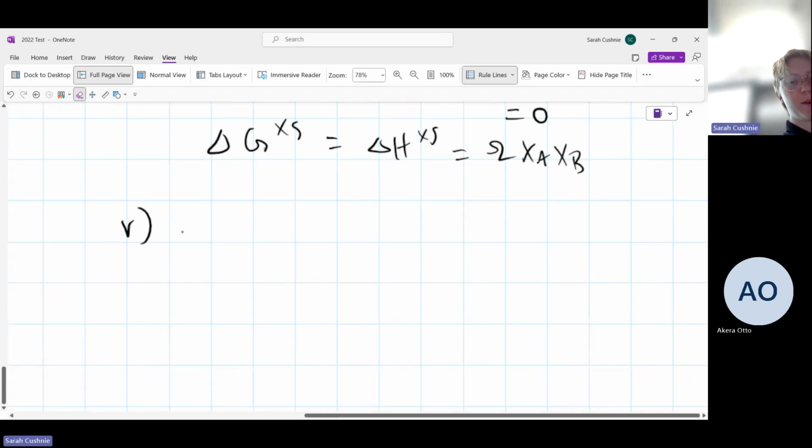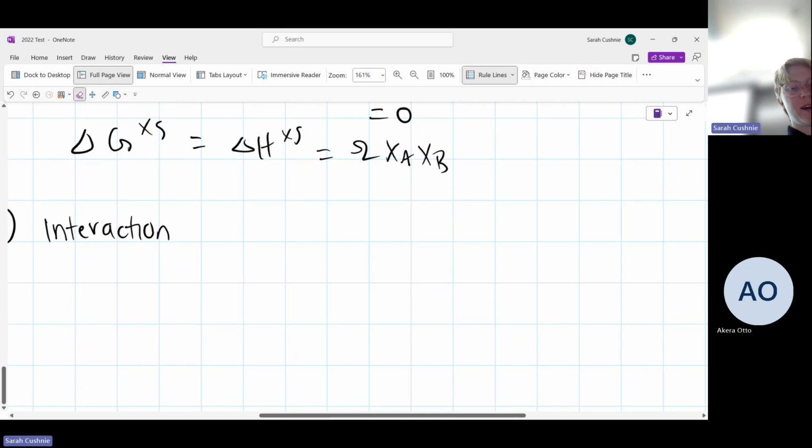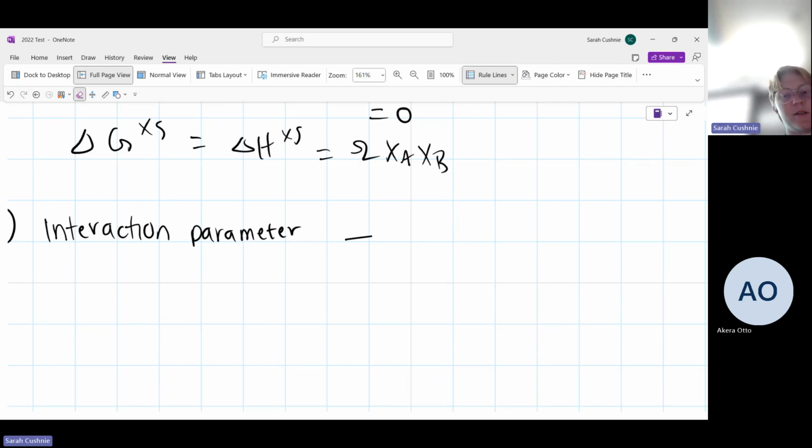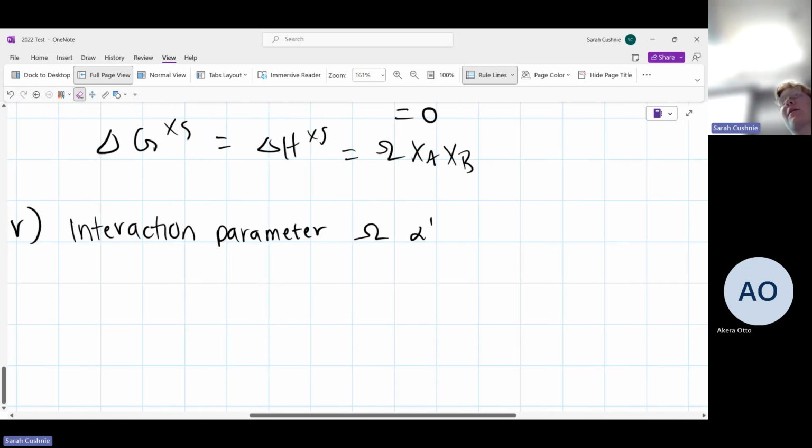So the interaction parameter, depending on your definition, can be defined as either omega or alpha prime. I'm going to use omega because I like that better, but depending on your teaching, it might be different.